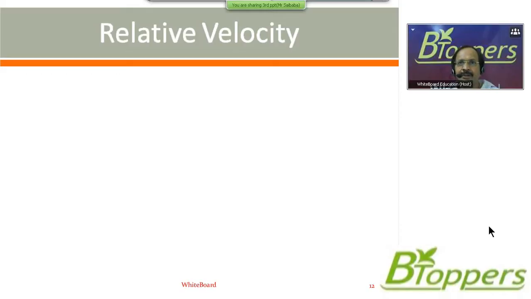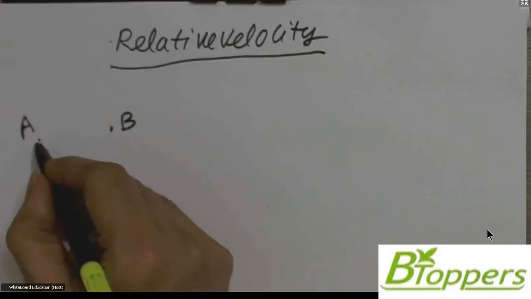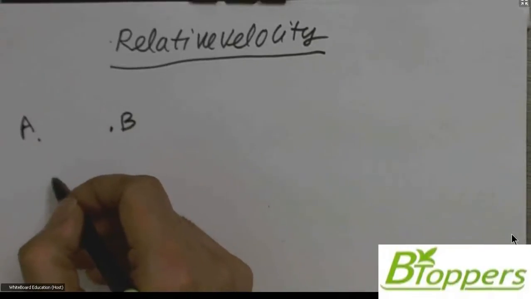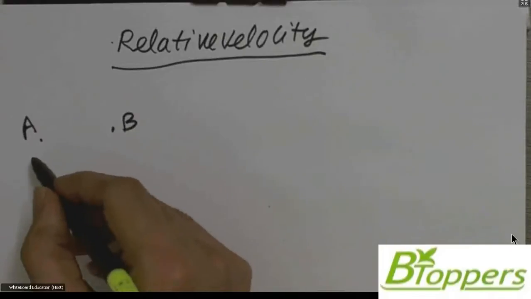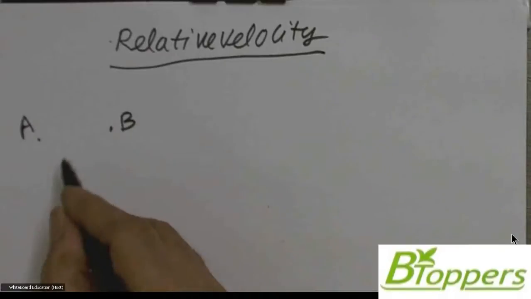Now we are going to discuss the graphical method for finding the relative velocity of one body with respect to another body. Let A be the position of one particle and B be the position of another particle at a particular instant.